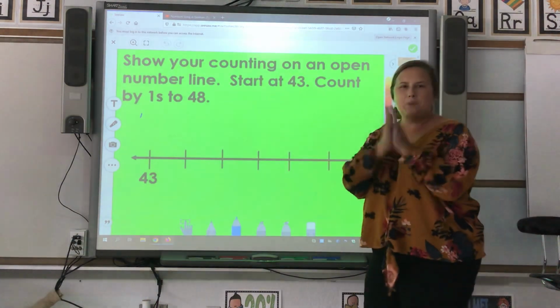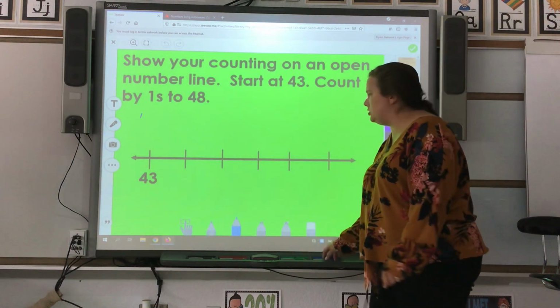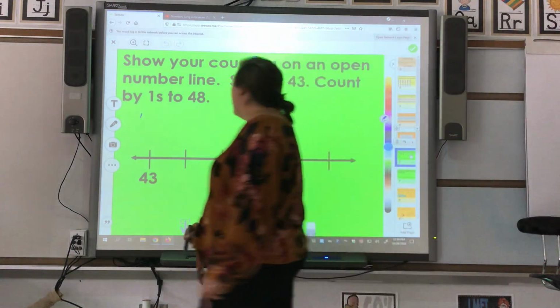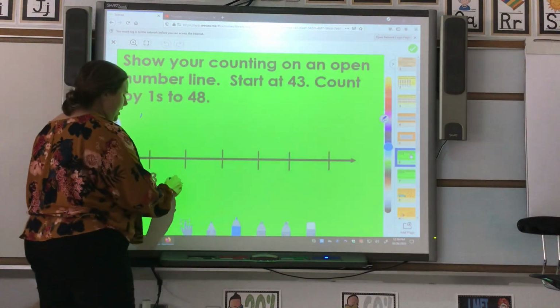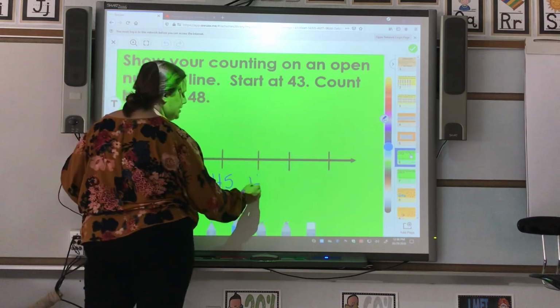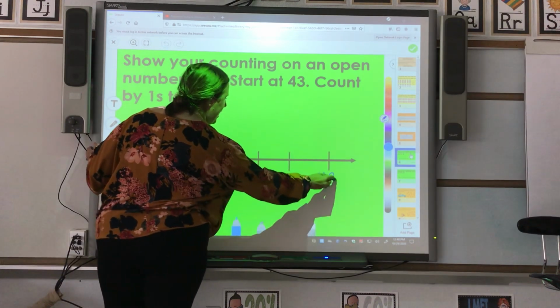Oh, number line's my favorite. Show your counting on an open number line. Start with 43, and we're going to count by ones. So we're going to go all the way to 48. So I have 44, 45, 46, 47, and 48.